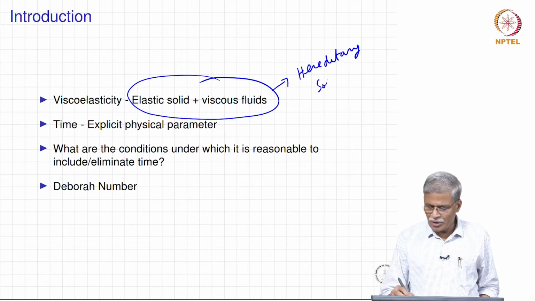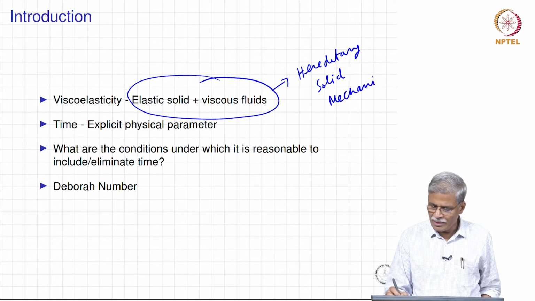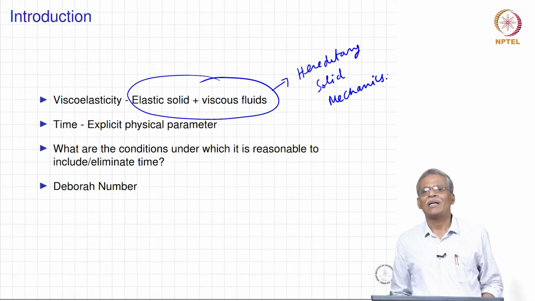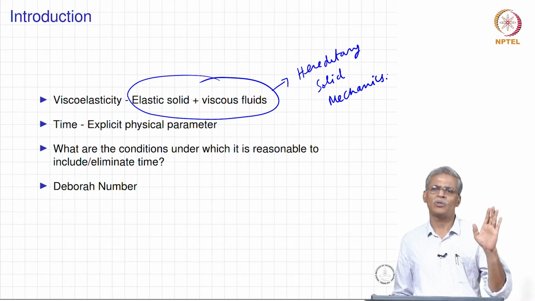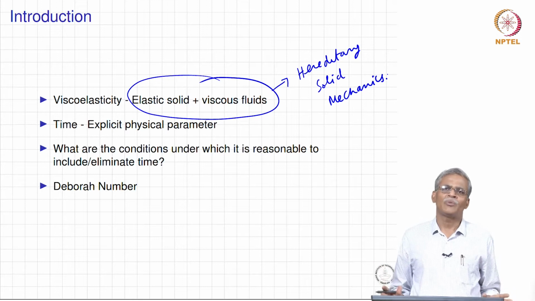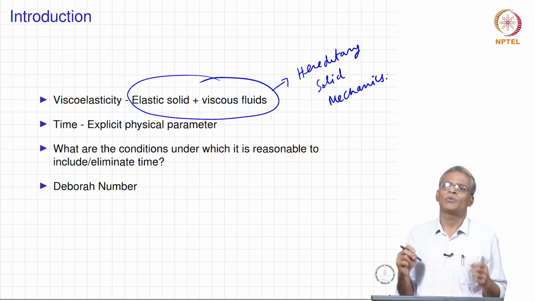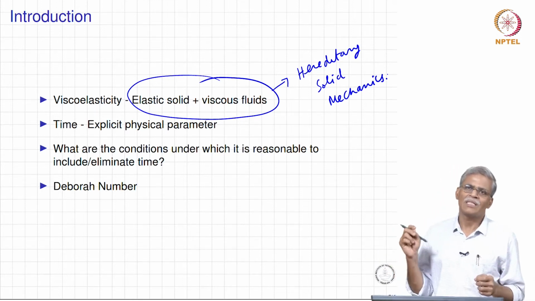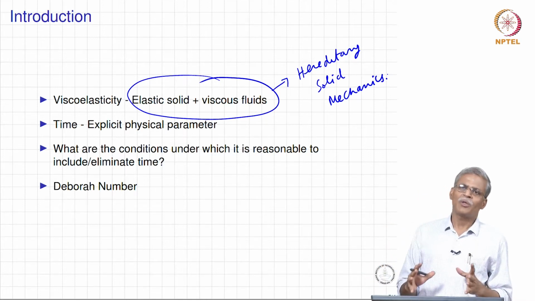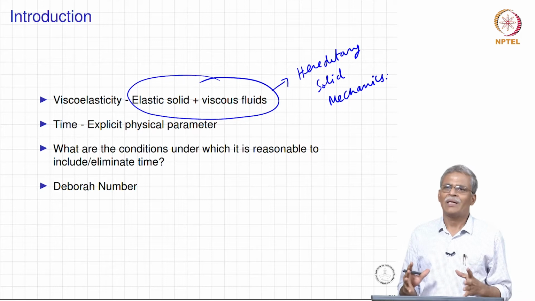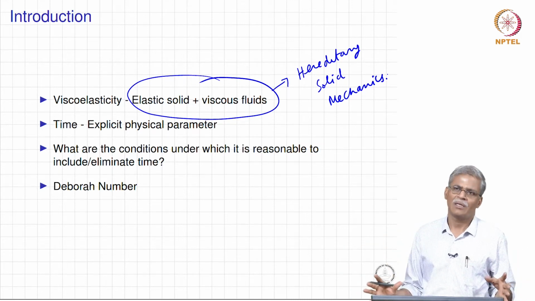There are hereditary solid mechanics and fluid mechanics textbooks that handle such kind of things. But as far as this course is concerned, and since our focus is going to be mostly on bituminous mixtures and we are going to use viscoelastic response as a tool to understand this material, we will be introducing the subject matter as much as is essential.